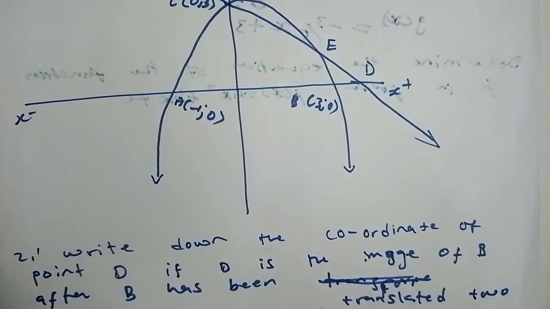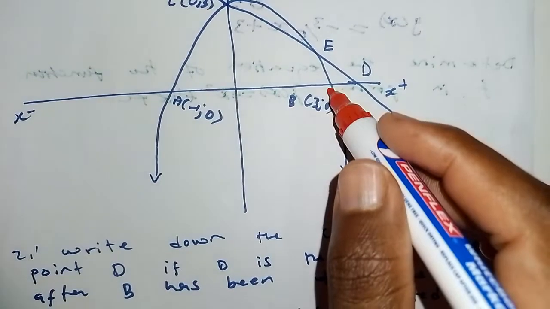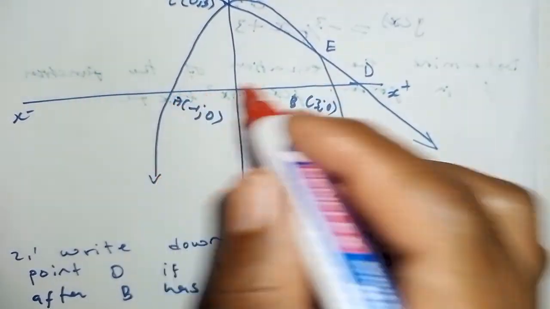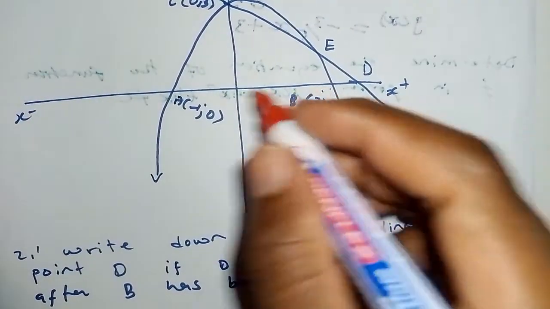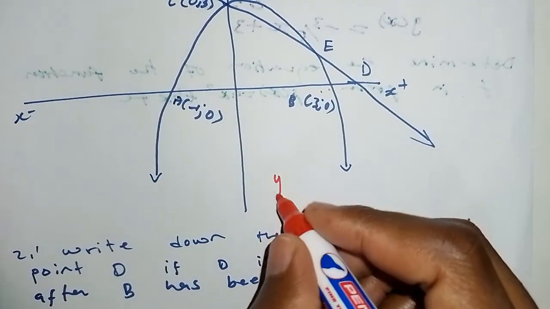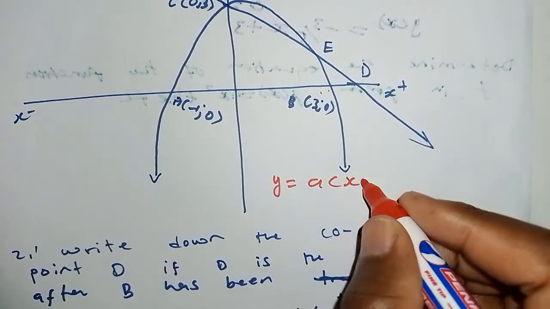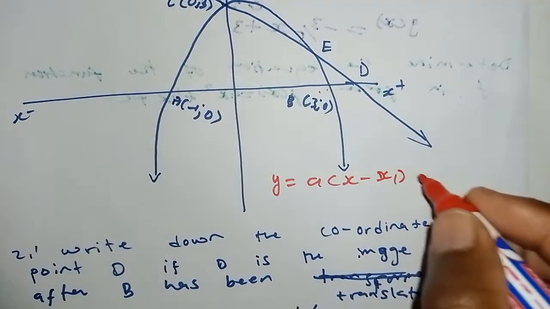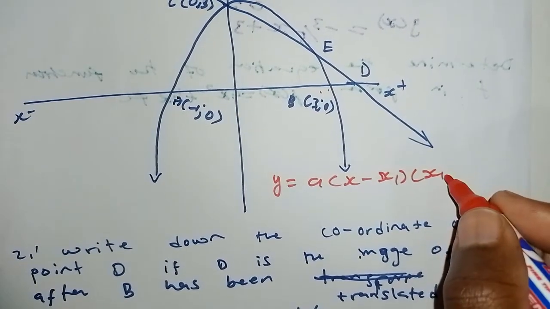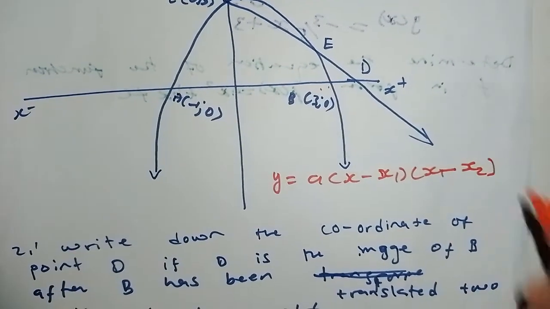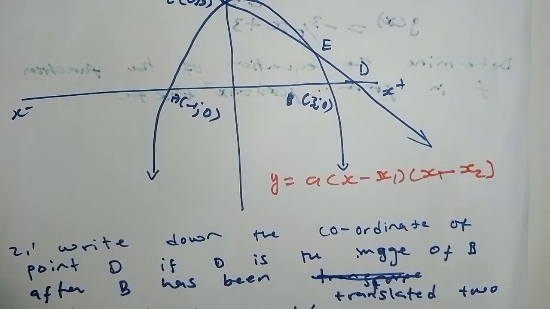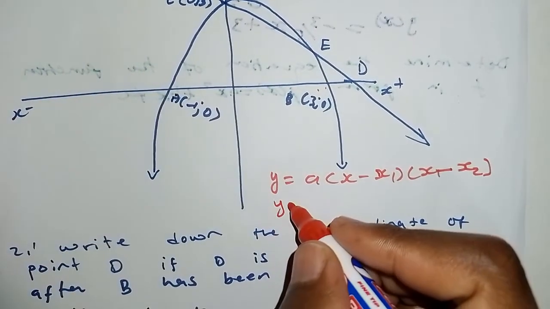Remember what I said? If you have two x-intercepts, the equation that you can use is this one. This is the equation that you can use. If you have the turning point, this is the equation that you can use.